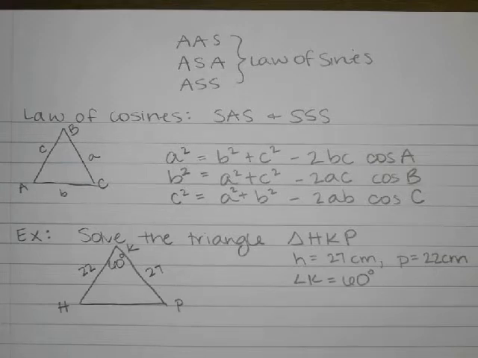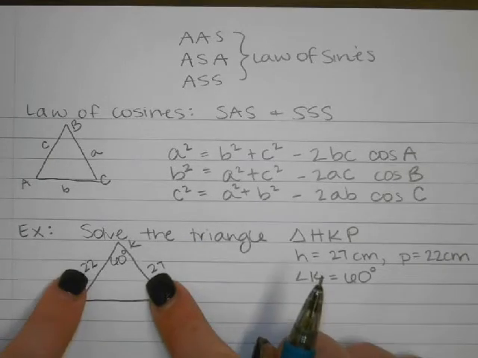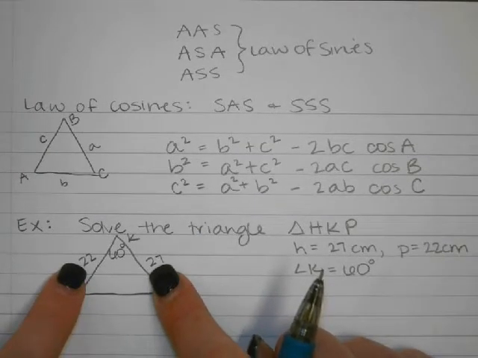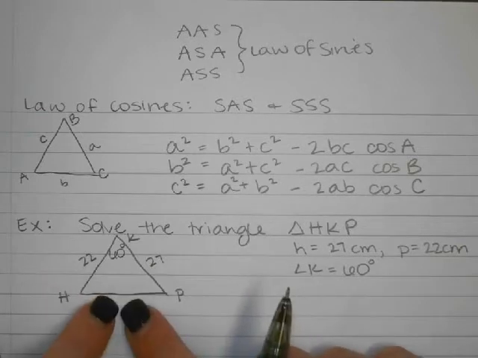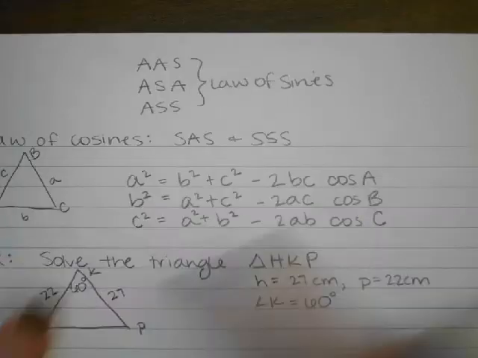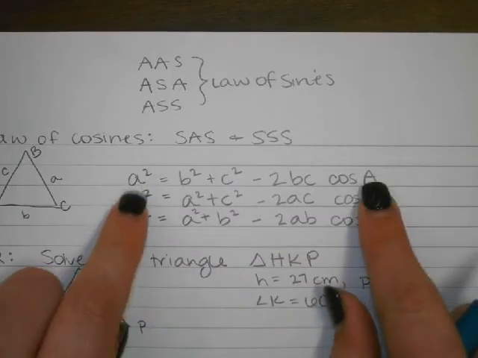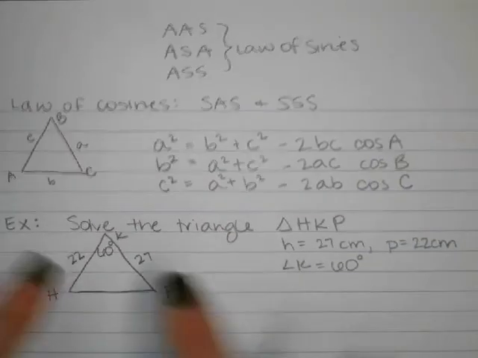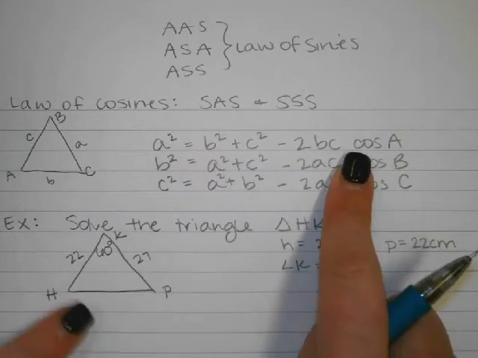If we think about the way that the law of cosines works, if you have two sides that are given, then the only thing that you could solve for is the missing side. You can see that the missing side and the angle that's in there are right across from each other. And that's what we need to have. We need to have a side and an angle that correspond to each other. So I'm going to follow the pattern for how these are made.